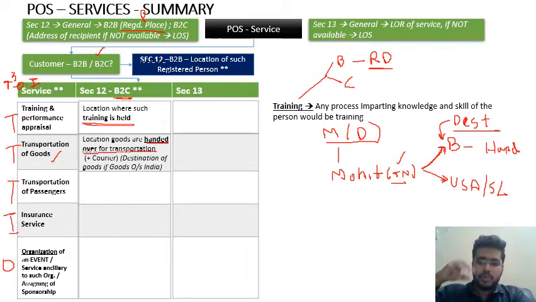Mohit is a B2C customer, and since the goods are handed over in TN, the place where it is handed over to the transporter so that he can deliver it at the destination will be considered the place of supply. So POS will be TN in a case where he is sending his bike to his Bombay cousin, right?